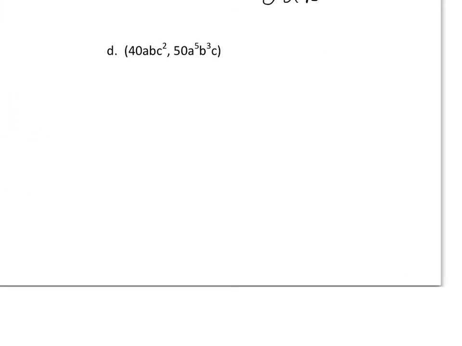Last one. Again, I'll write this out the same way I did before. This one will have 1 times 40, 2 times 20, 4 times 10, and 5 times 8.